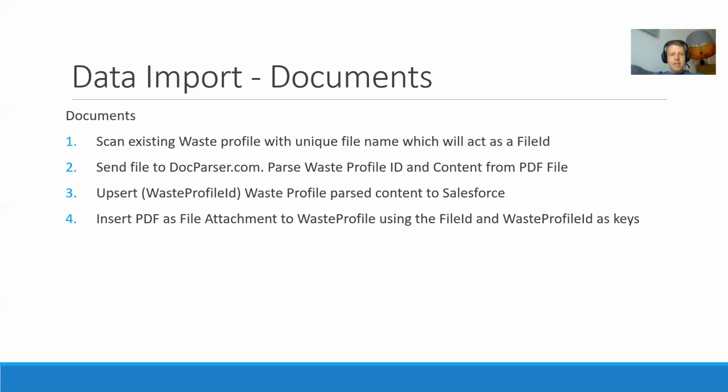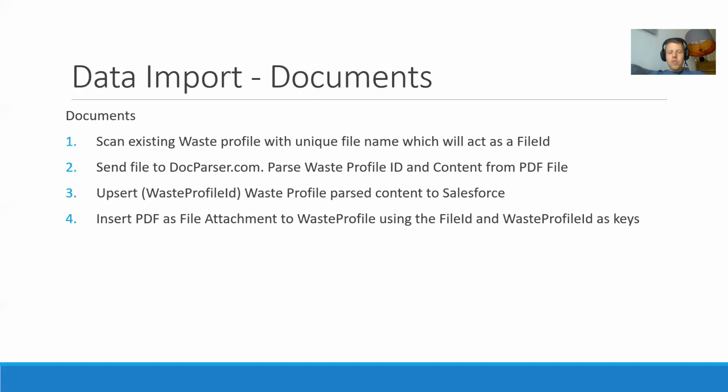We scan the existing waste profile with a unique file name, which will act as a file ID, a unique identifier. We send the file to the docparser together with the file ID. The docparser parses the waste profile ID and other content out of the PDF file, like what type of waste. Then we will use the waste profile ID to upsert the parsed waste profile content to Salesforce.